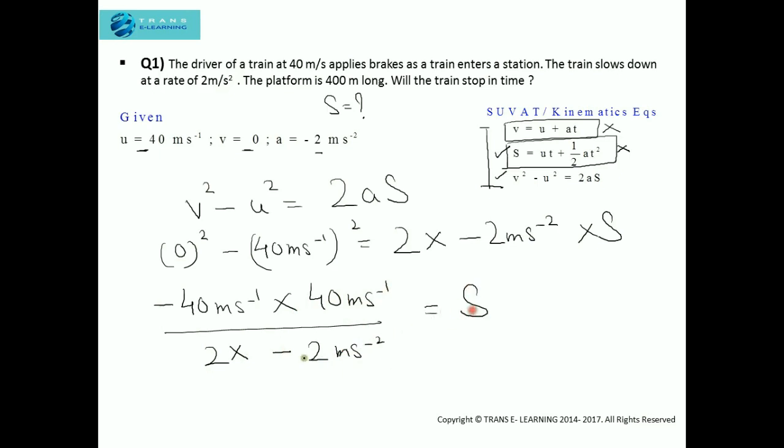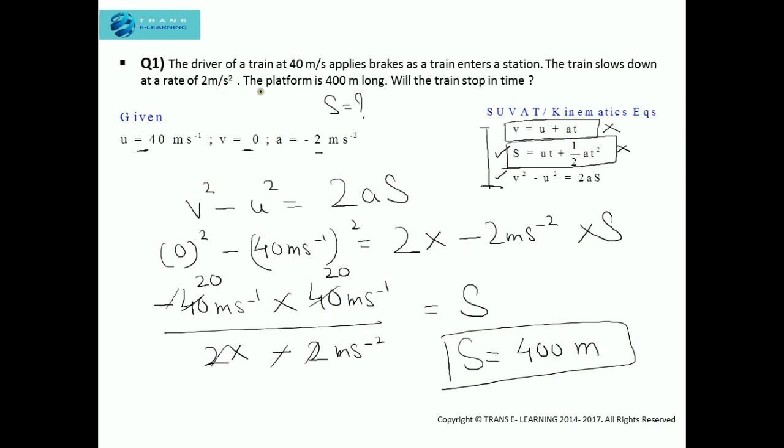That will be the distance. On solving this, we will get the distance equals 400 meters. So the length of the platform is 400 meters and the distance traveled by the train is also 400 meters. So the train will just stop in time.